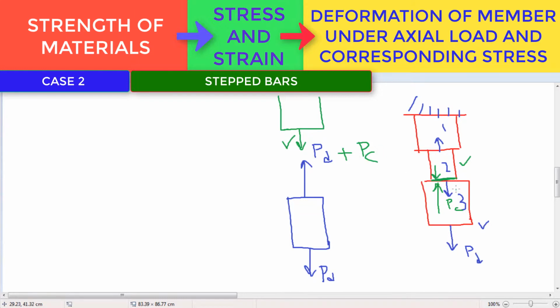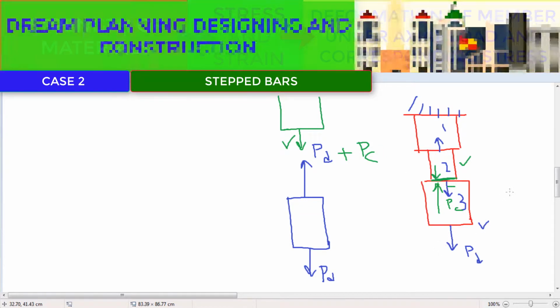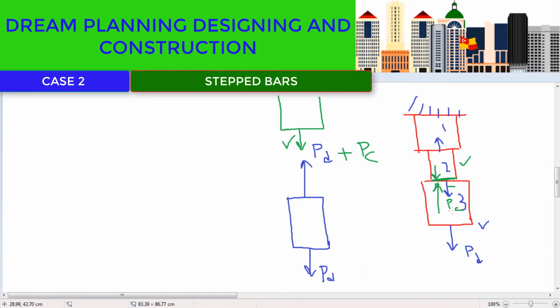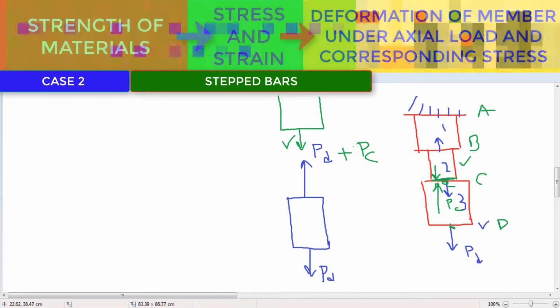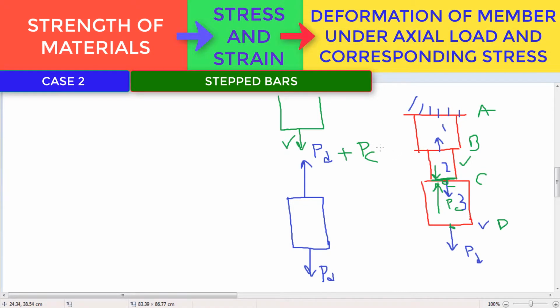That means two forces act: PC is already applied on this joint and PD is transferred from joint D to joint C. So the total load on the second member is PD plus PC.